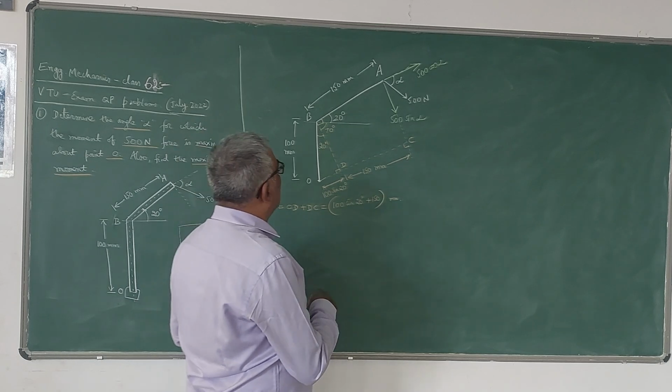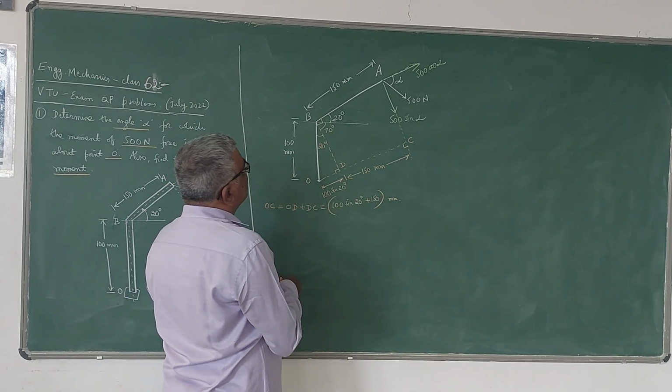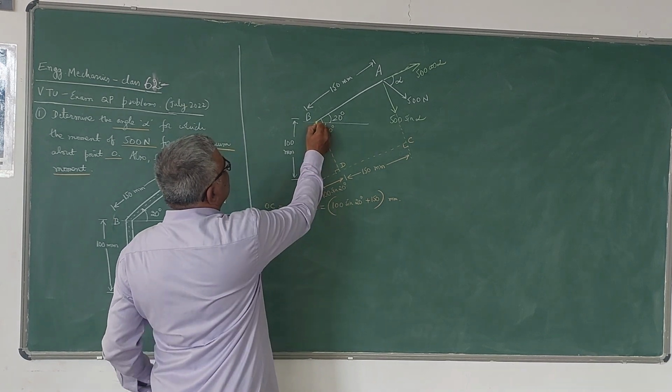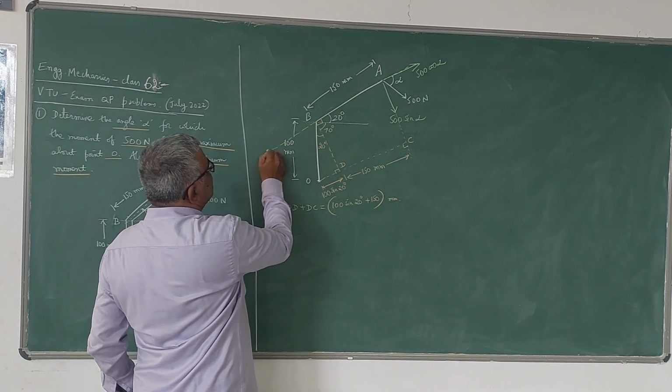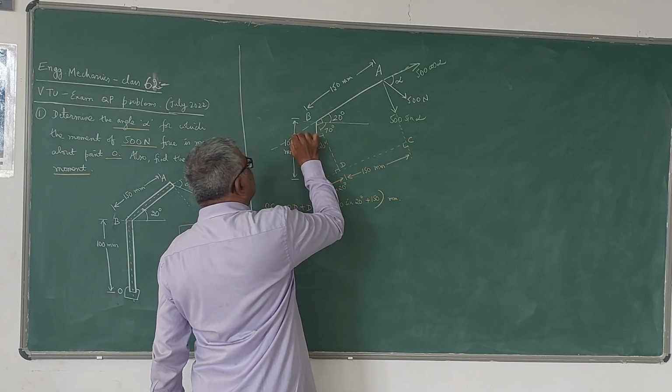Now I want another distance. If you extend this line of action like this, I will drop an ordinate from O to this line of action.